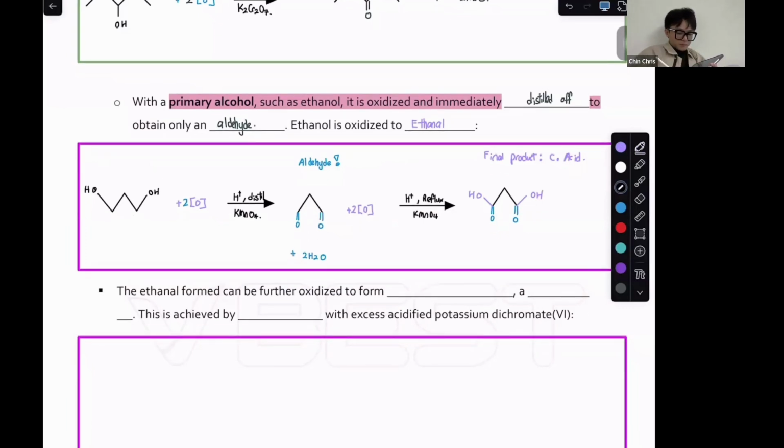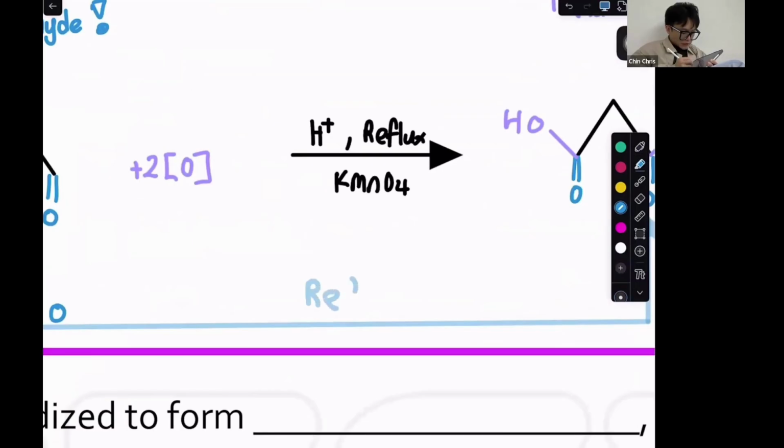Alright guys, let's say you want to oxidize from a primary alcohol straight to the final product. If you want to go this way, it must be under reflux and acidified KMnO4 or K2Cr2O7.